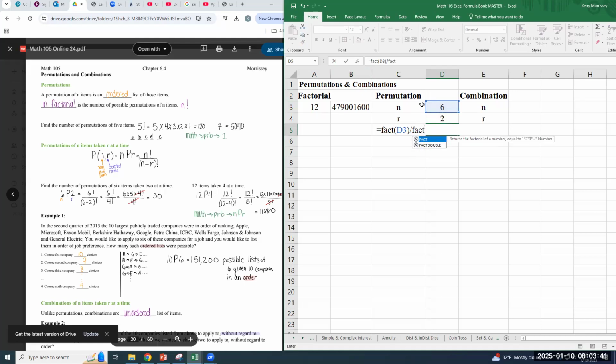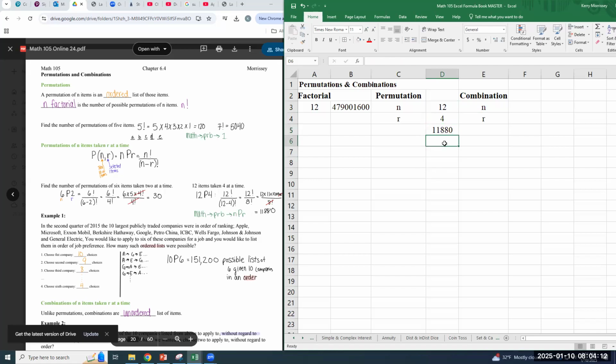Sorry, I keep forgetting we're not in a real calculator. So we want to do 6 minus 2, and then that factorial. And then you can see that here being 30. The double parentheses might not be necessary, but I like putting on a couple extra just to be safe. If you wanted to change it, you could do 12, 4, and still get your answer.